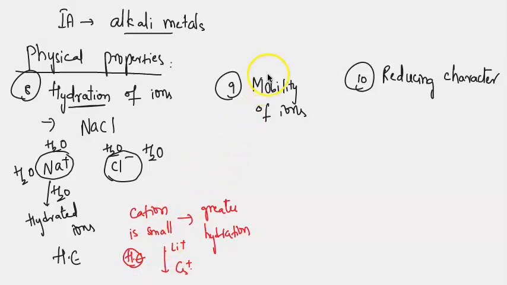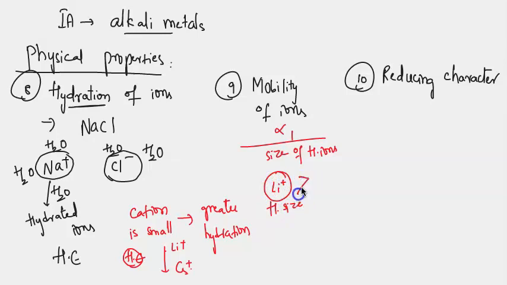Now if you look at the mobility, the mobility of ions is inversely proportional to the size of hydrated ions. If the size of the hydrated ions increases, mobility decreases. So the hydrated size of the lithium plus ion is greater than that of the cesium plus ion.